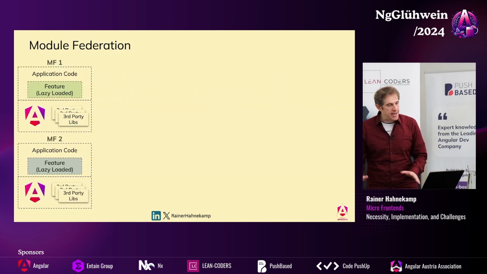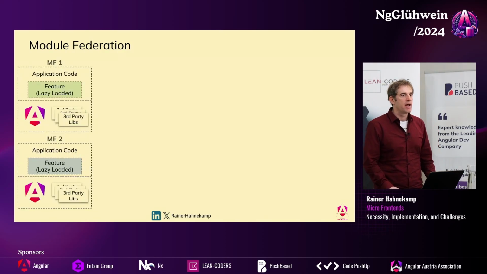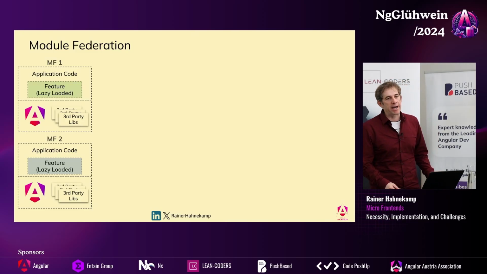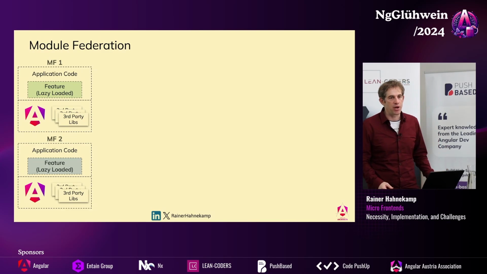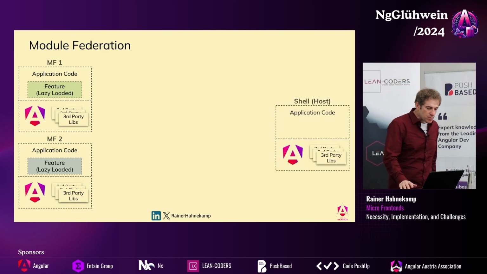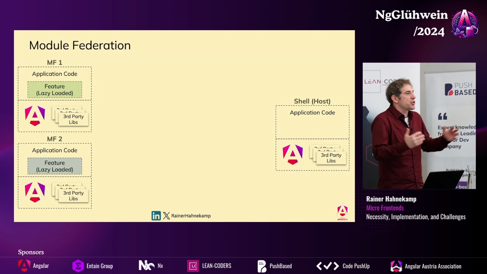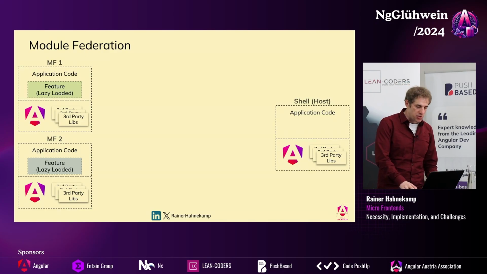What I maybe want to highlight, when we are in the scope of module federation, the terminology also changes a little bit. We used to call the micro frontend the remote, and the shell, we usually use the term host for it. Good. The host is here on the right side. It's empty, so it provides the shell. It also provides the Angular framework and some third-party libraries. So far, so good.